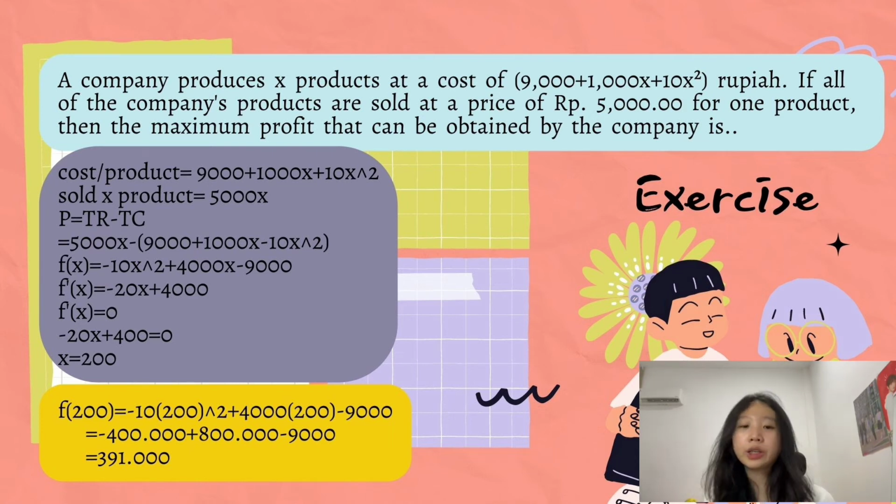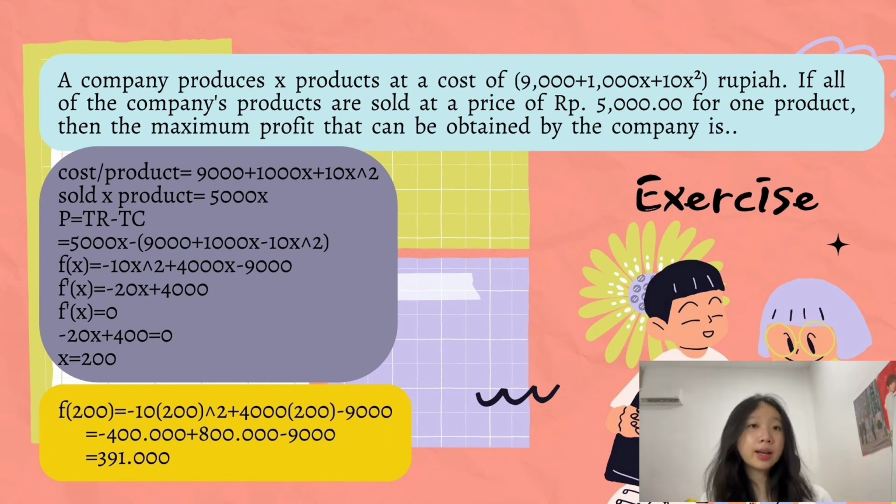For the profit equation, it is the total revenue minus the total cost, where the total revenue is 5,000x and the total cost is the cost function, 9,000 plus 1,000x plus 10x power of 2. So f(x) is minus 10x power of 2 plus 4,000x minus 9,000.